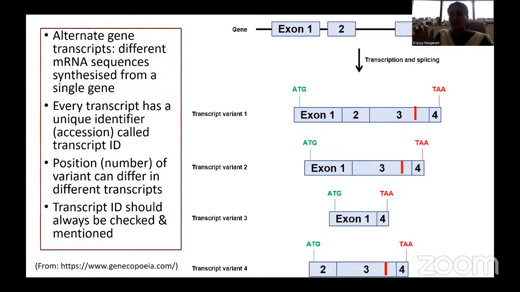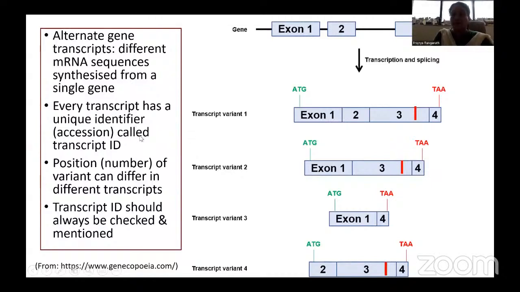The numbering of that variant may differ between different transcripts. That's why it's very important to mention the transcript ID and also always check the transcript ID when you are referring to a particular variant. Because as I said, the numbering of the variant can differ in different transcripts.